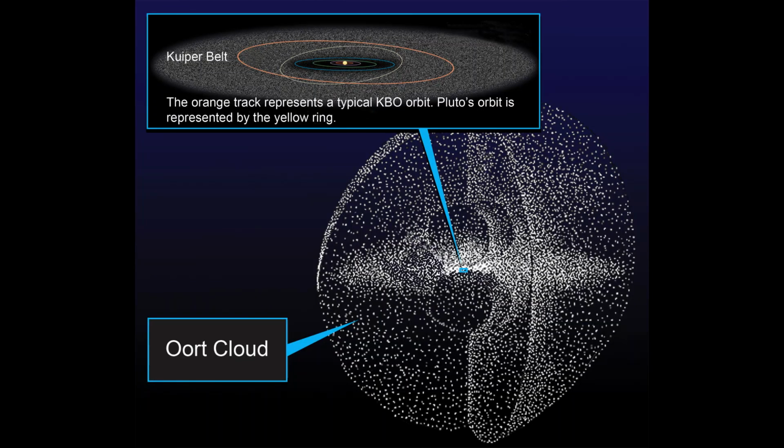The short period comets are believed to come from the Kuiper belt, and the long period comets are believed to come from the Oort cloud. In this diagram, you can see how big the Kuiper belt and the Oort cloud are compared to the solar system. The Oort cloud is the outermost region of the solar system, and it is in interstellar space.